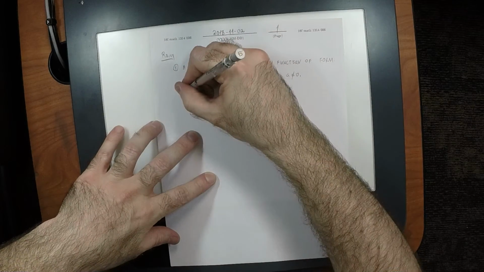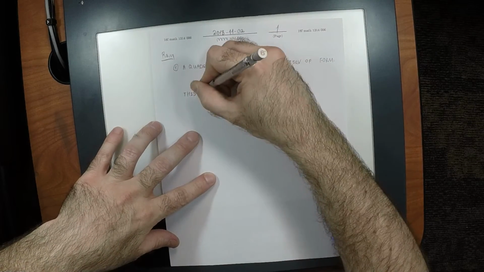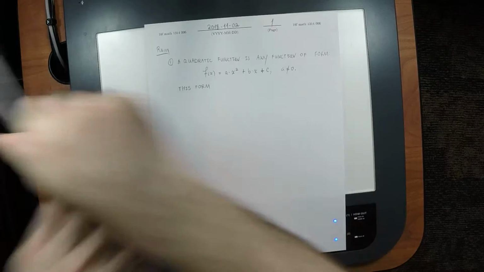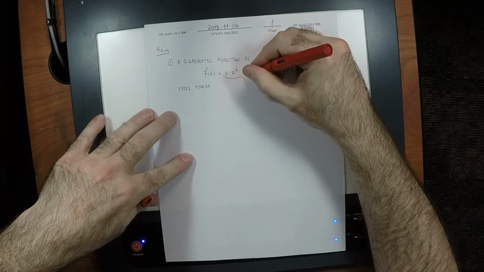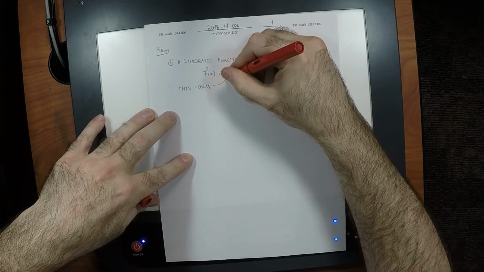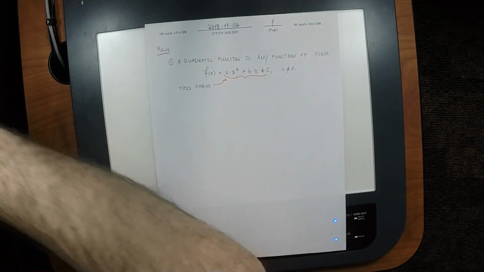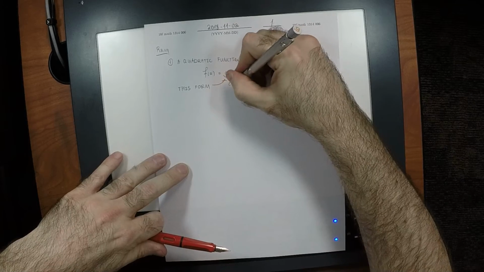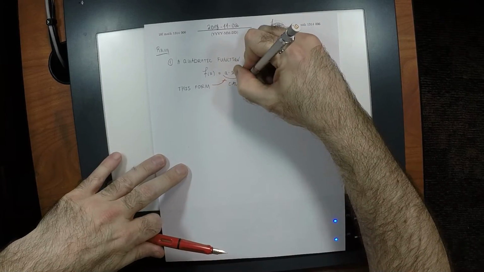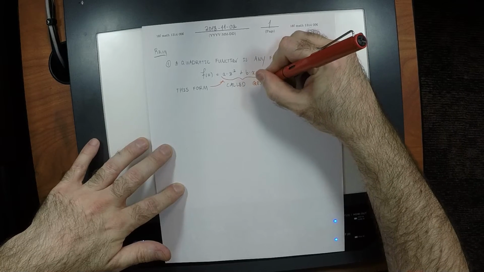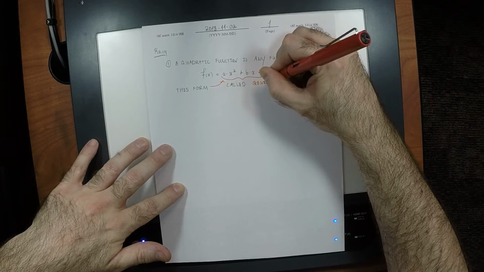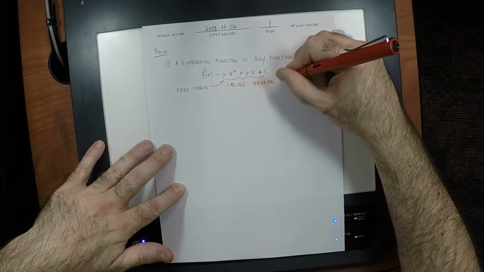So this form is called the general form.